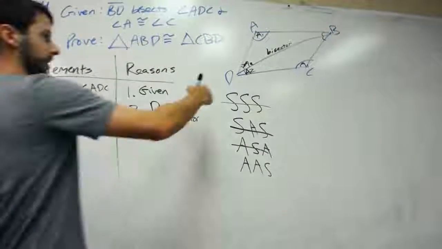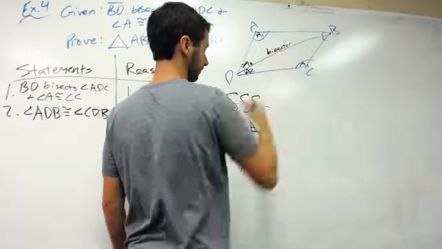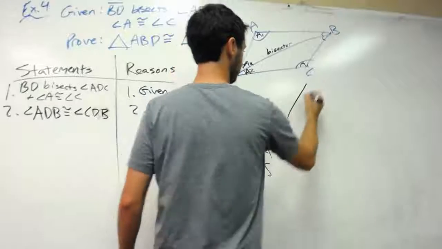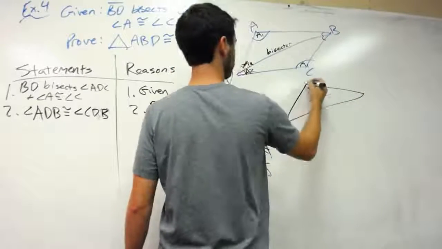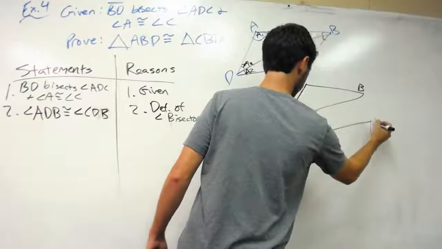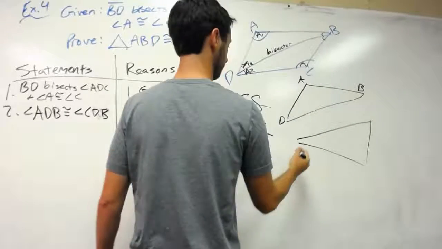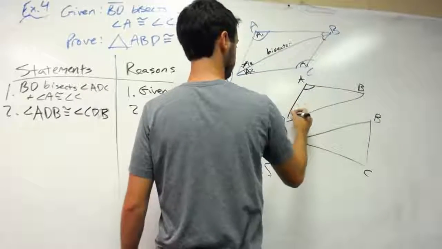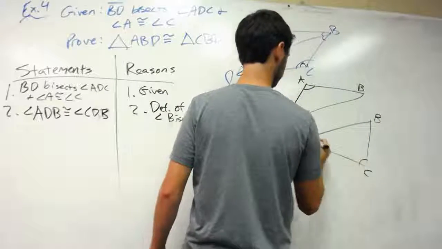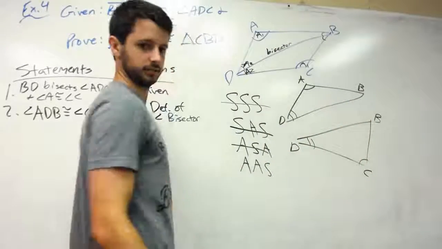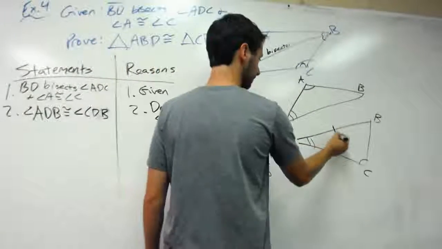If you look at the triangles, notice that if I redrew these like so, we already know these angles are congruent. Well, these are actually the same measure because it's the same side, BD.